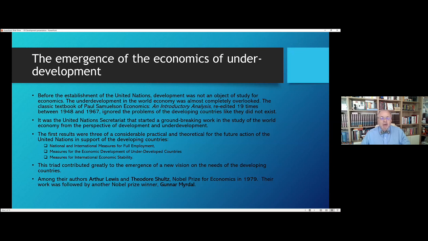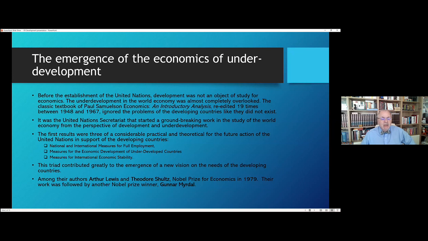It is true that the war took time at the peak of the colonial years, but it is the merit of the United Nations to come with the first studies on development and underdevelopment, and that happened in the years 49 and 51.